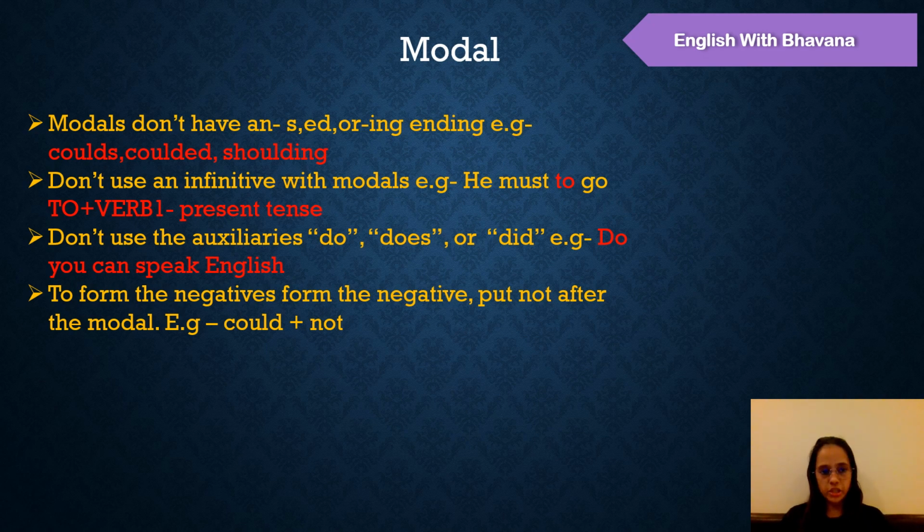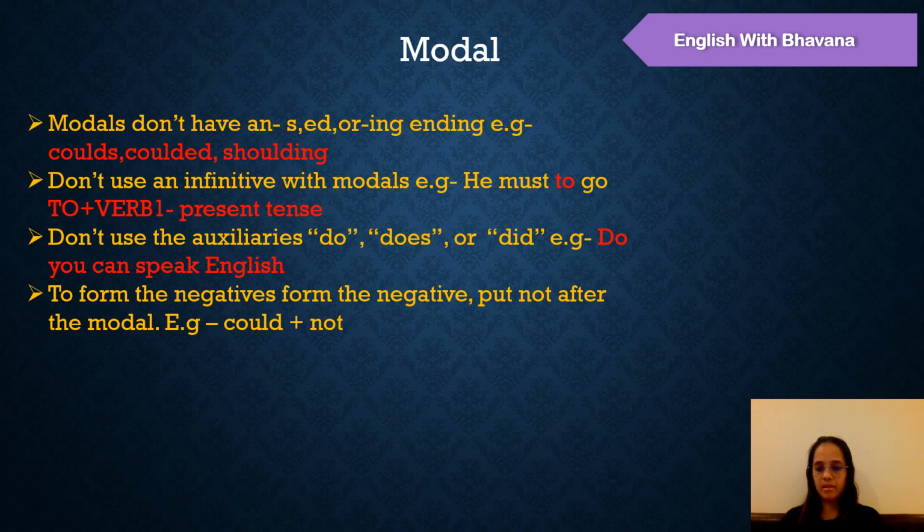Don't use infinitives with modals. Example, he must to go. It's completely wrong. To plus the verb form, that is present tense, the verb first form. Don't use auxiliaries do, does or did. Example, the wrong one: Do you can speak English?